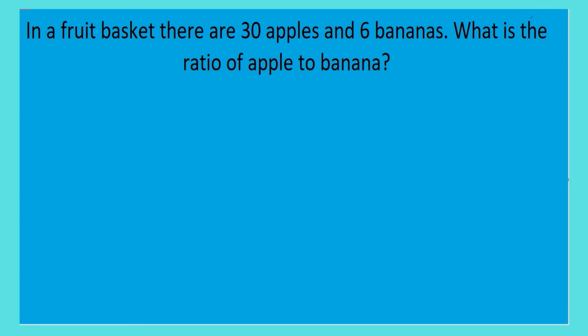Okay, now you may pause the video and try to solve this problem and get the ratio. Alright, so let's see. It says here, in a fruit basket, there are 30 apples and 6 bananas. What is the ratio of apple to banana? The first thing that you are going to observe here is, again, the question.